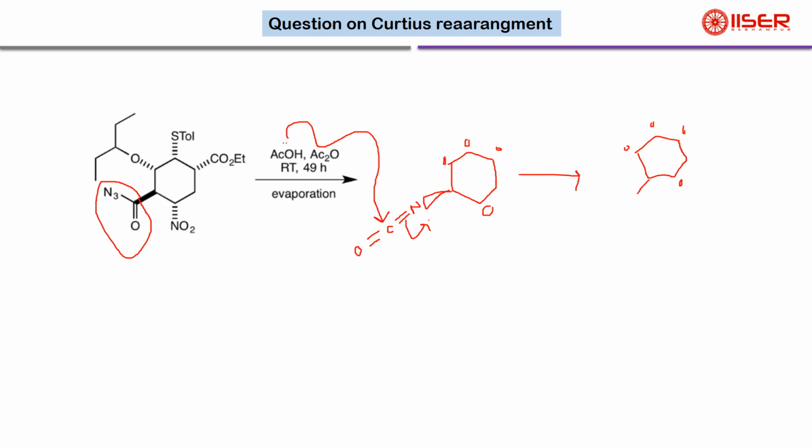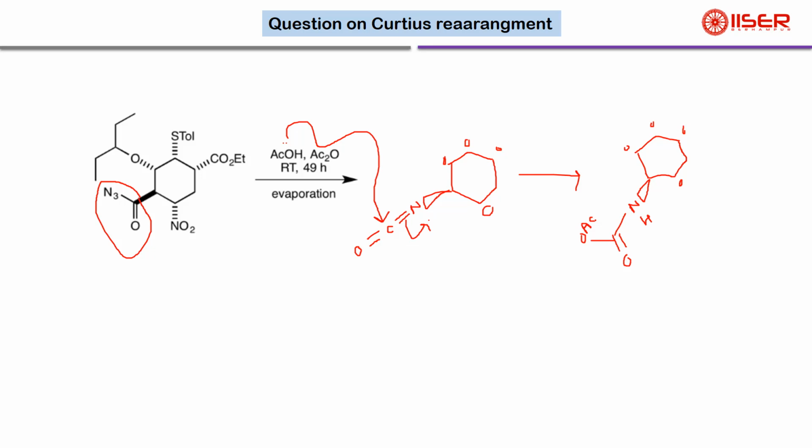I am not drawing them for simplicity. So the product will be NH OAc. Okay, I hope it's clear.